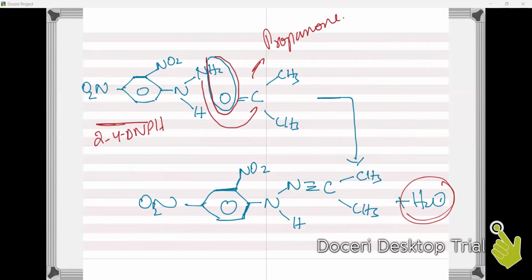This nitrogen will be attached to this carbon with the three bonds. As a result, I get deep orange precipitates. If I get deep orange precipitates, that means the product has been formed and the presence of a ketone is justified.